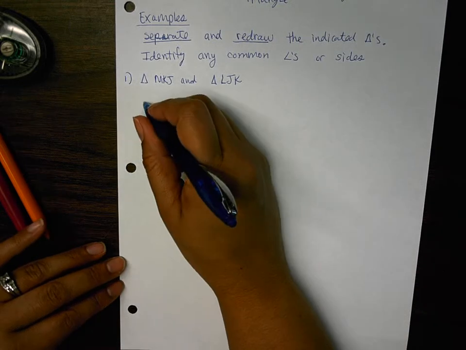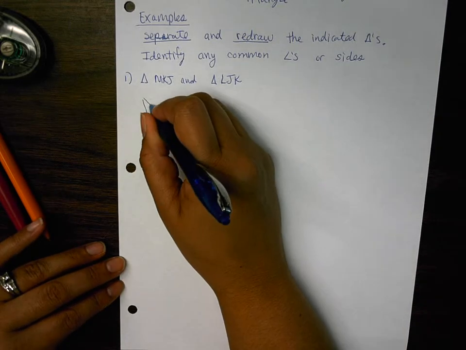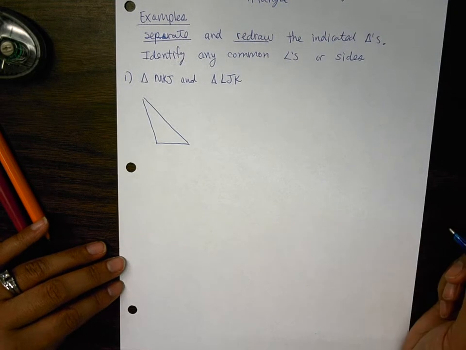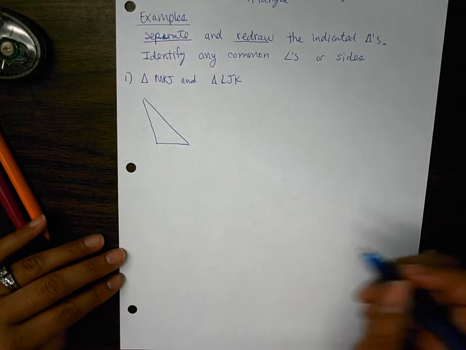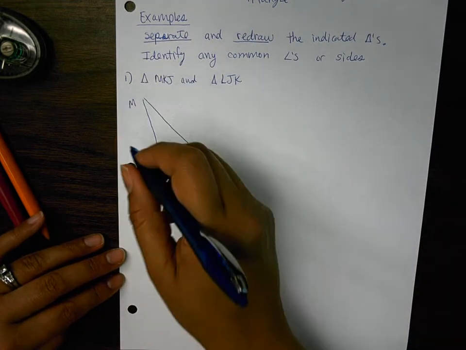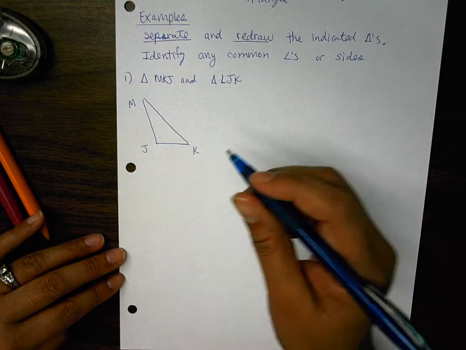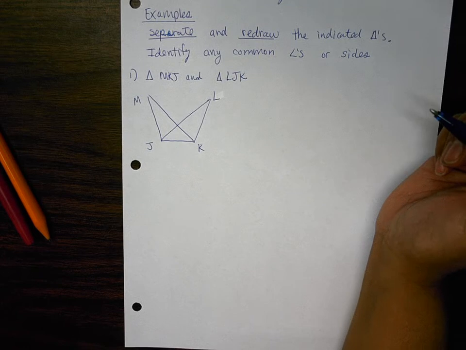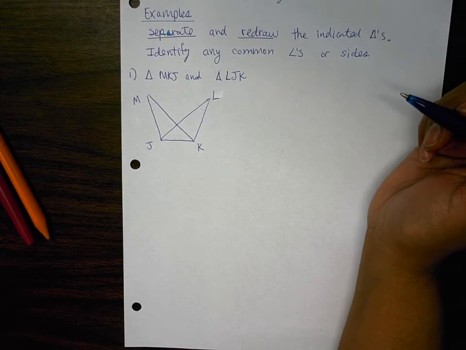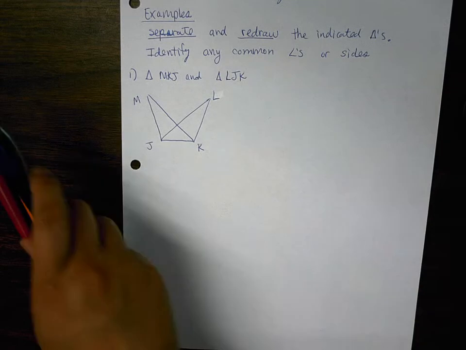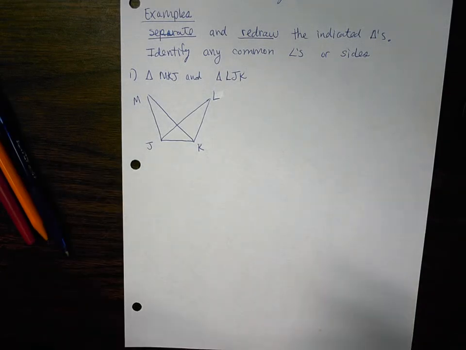Okay, we're ready to draw the picture. It's easiest if you draw with me. This is M, this is J, this is K, and from J I'm going to come out back. There it goes. All right. Are we good?